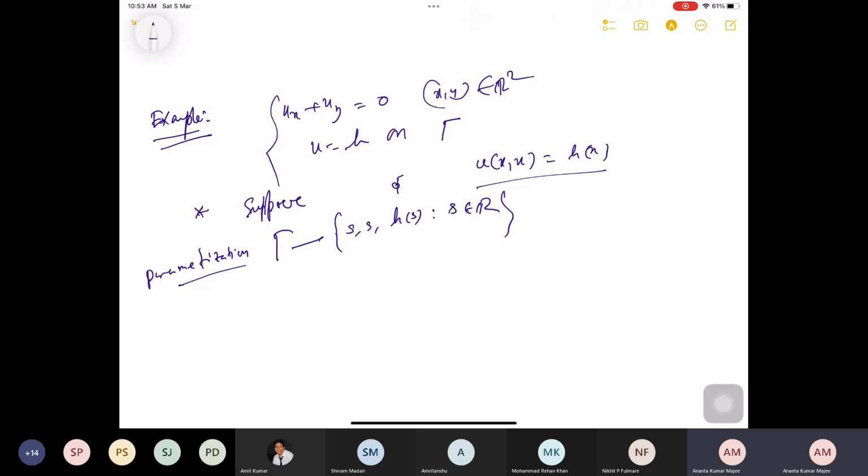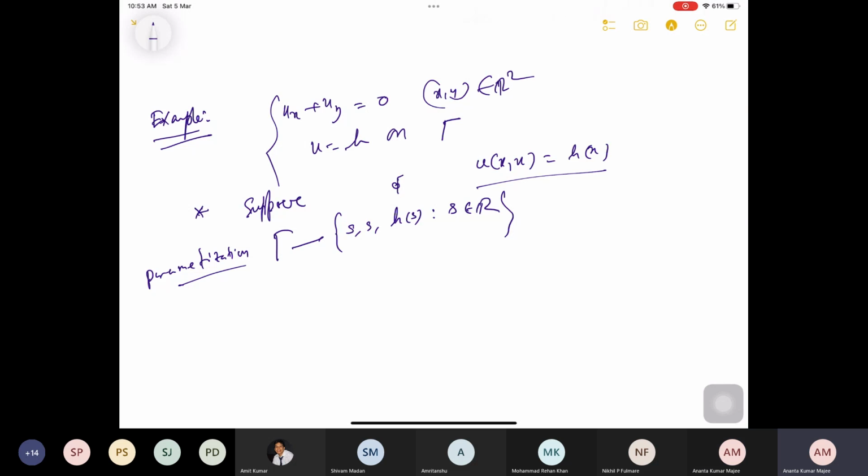So for the first case, I'm considering gamma of this form, which means the initial condition is given as u of x, x equal to h of x.